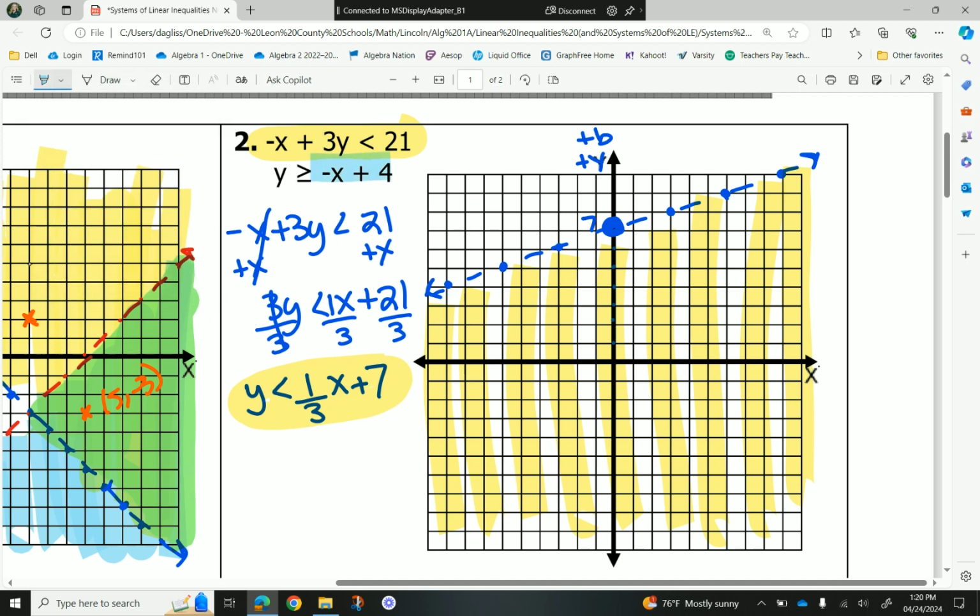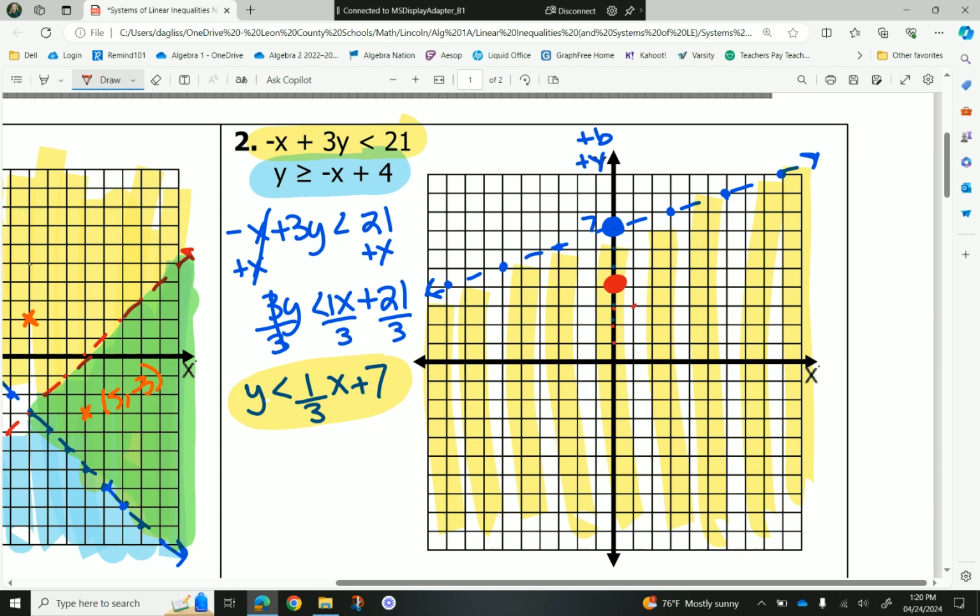Our next inequality is y is greater than or equal to negative x plus 4. Do I have to move anything? No, it's ready to go. So, where is that line going to start? At positive 4. 1, 2, 3, 4. How are we going to move?